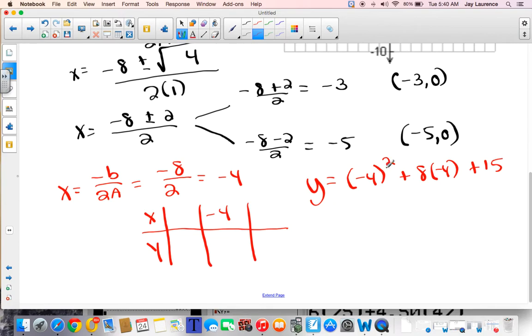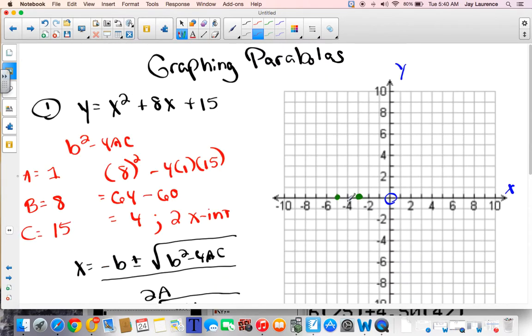So I squared this, and I get 16. 8 times 4 is 32. It's a negative. And then a positive 15. How many positives do I have? 31. How many negatives do I have? 32. I must have one negative. So that is the location of my vertex, negative 4, negative 1, right there.